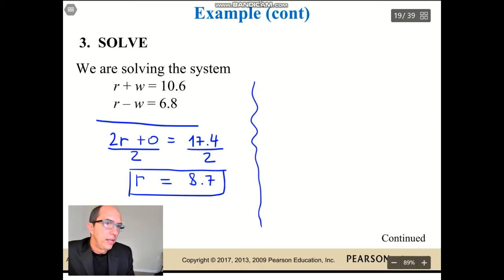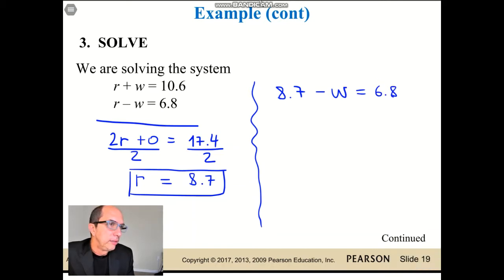We found R, now we're plugging in the first or in the second equation the value of R. Let's plug in on the second equation. 8.7 minus W equals 6.8. And let's subtract 8.7 from both sides, right? Subtract 8.7 from both sides.